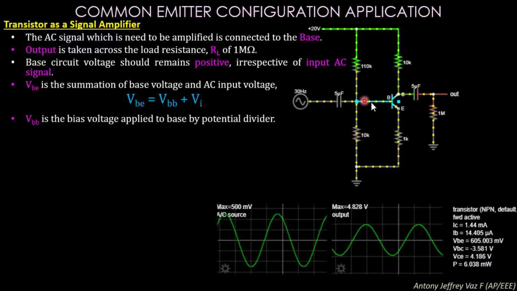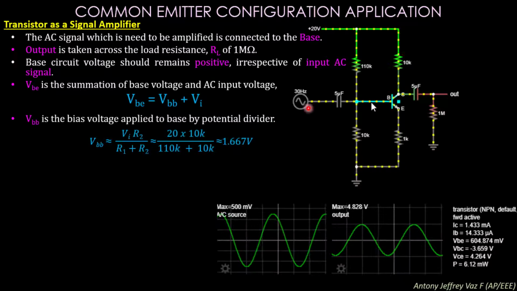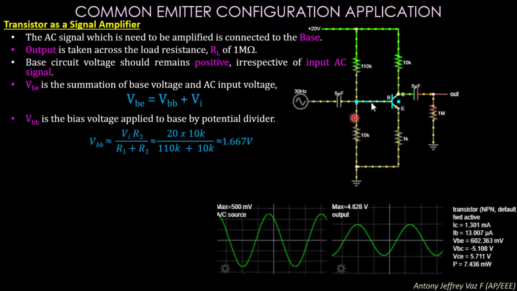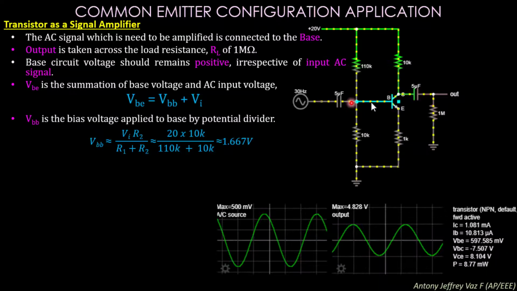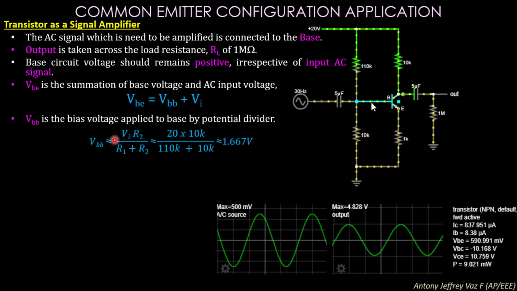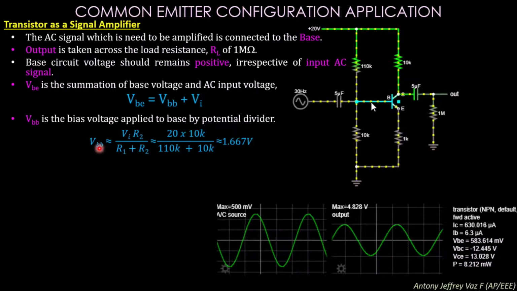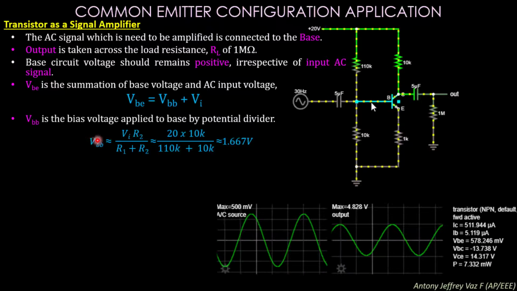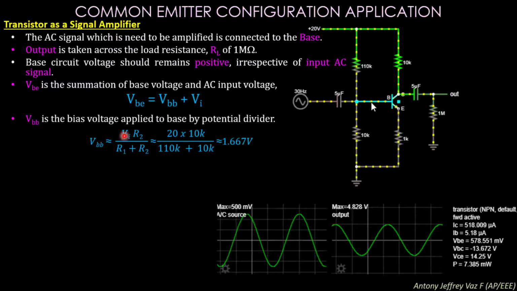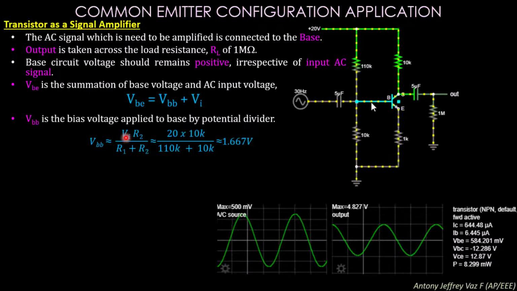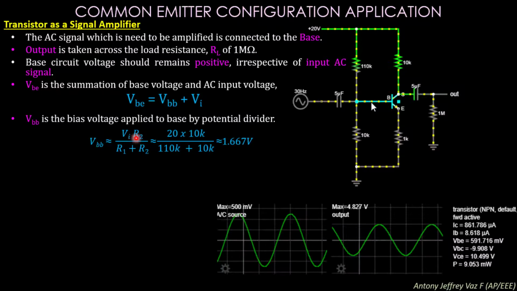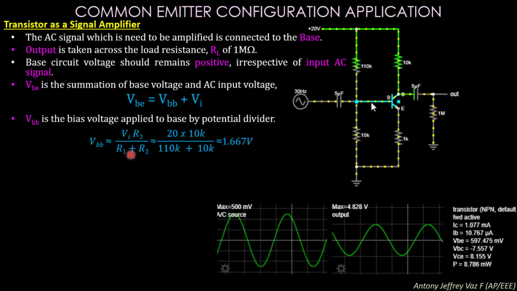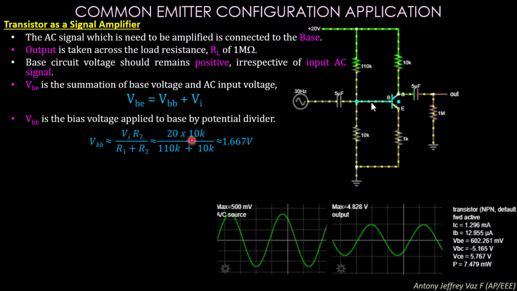The formula to find what is happening at the base of the potential divider, here this is the input, this is the output. VBB will be equivalent to VI, which is the input of the potential divider, into R2 divided by R1 plus R2. So what happens here?